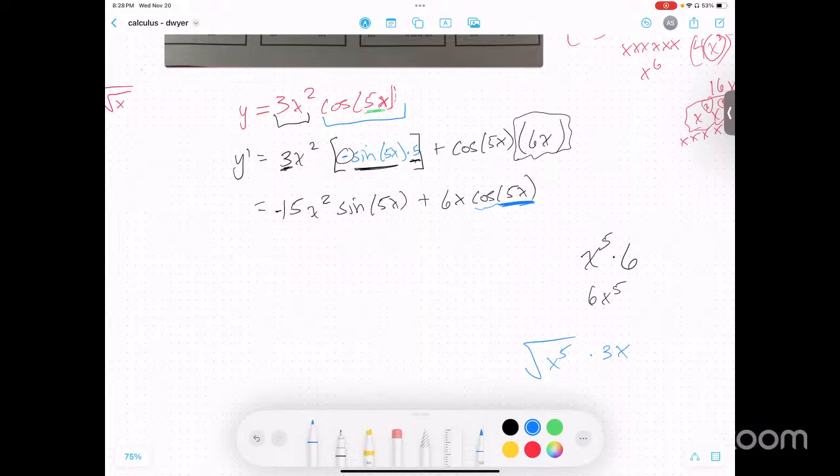Can I multiply this 3x into here? No, because this is inside a function. It's the argument of a function. The argument of the cosine is the 5x. That's an angle measure. The 6x is a number on the outside that's being multiplied by that.